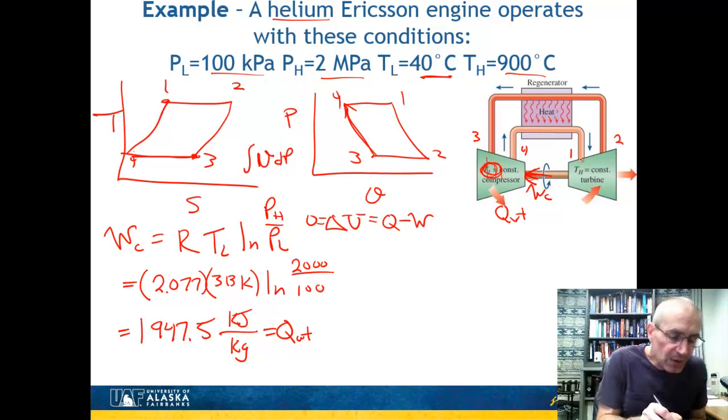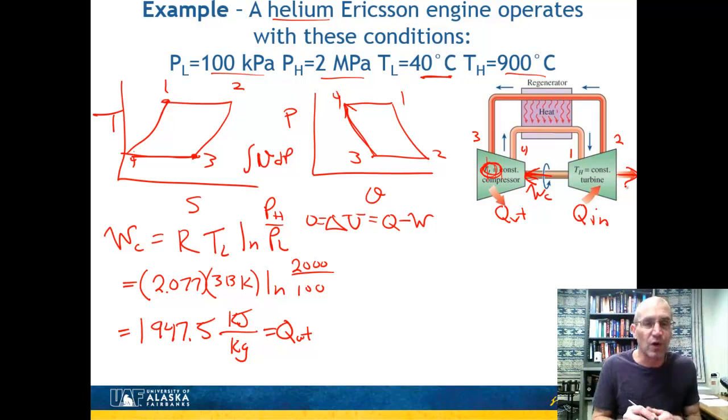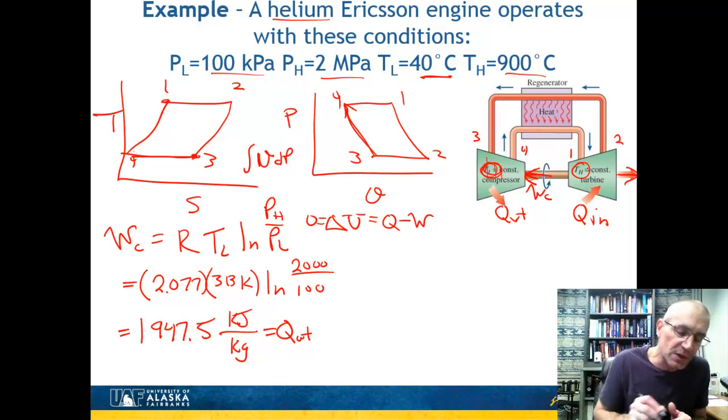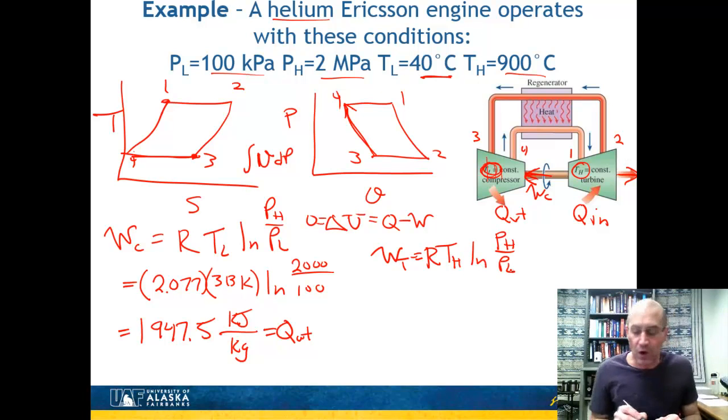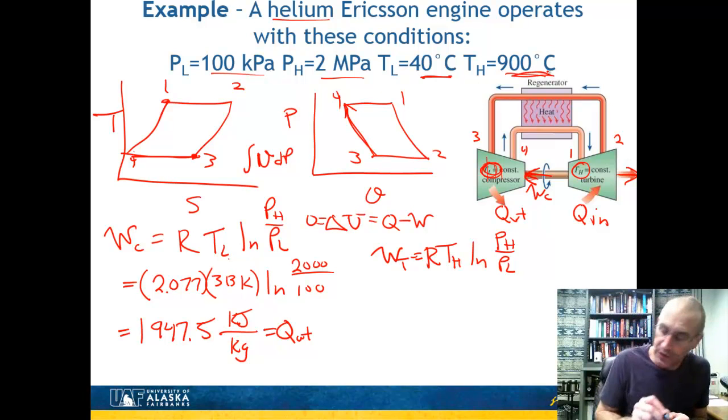So now we realize that the compressor work that goes in here is the exact same as the Q out. Now if we look at the turbine, there's Q in, and then it's going to be generating some work. We have the exact same arguments that we just did. Now we're just operating at TH. So the work of the turbine is simply R TH natural log of P high over P low. Similar to the equation we had over here, except now TH is at 900 degrees Celsius.